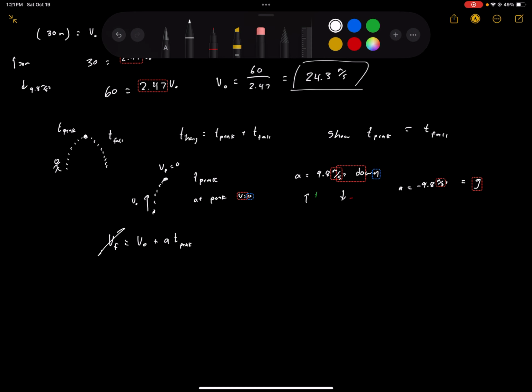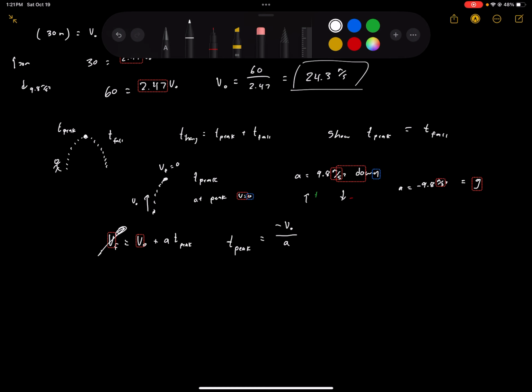We know the final velocity is 0. So T peak is going to equal negative V naught divided by A. All I did was move the V naught to the other side.